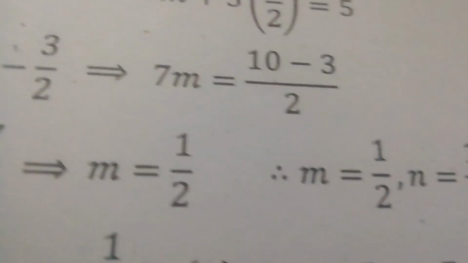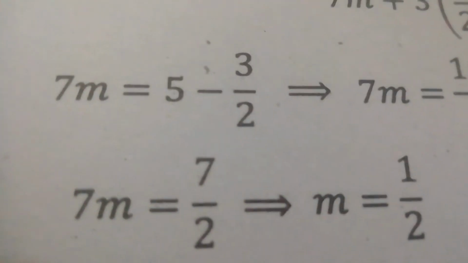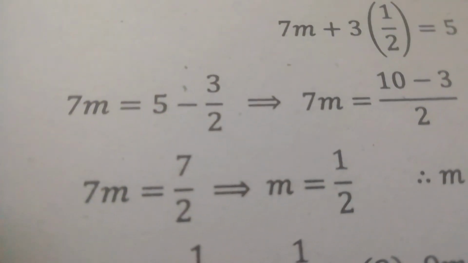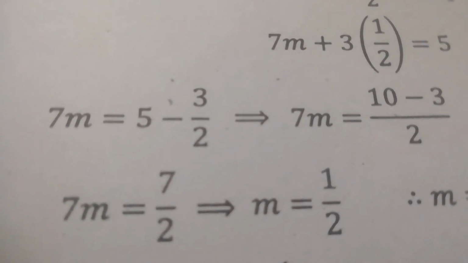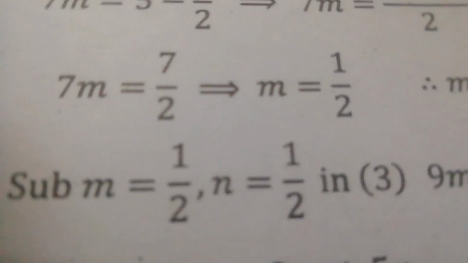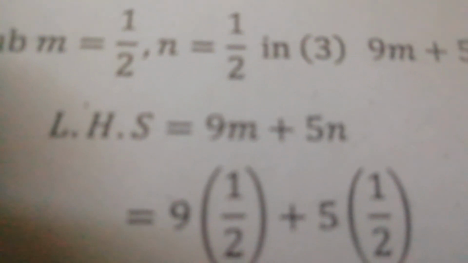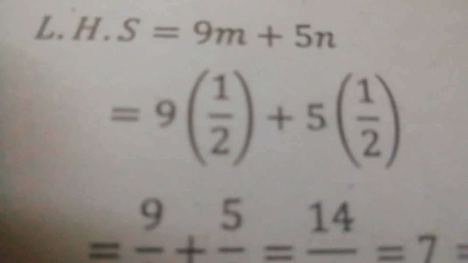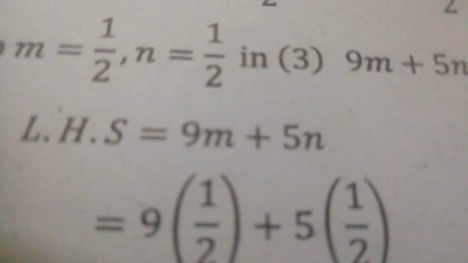What's the next step? We substitute in the third equation. If it is satisfied, it's coplanar. That is satisfied means LHS equal to RHS. What is the third one?